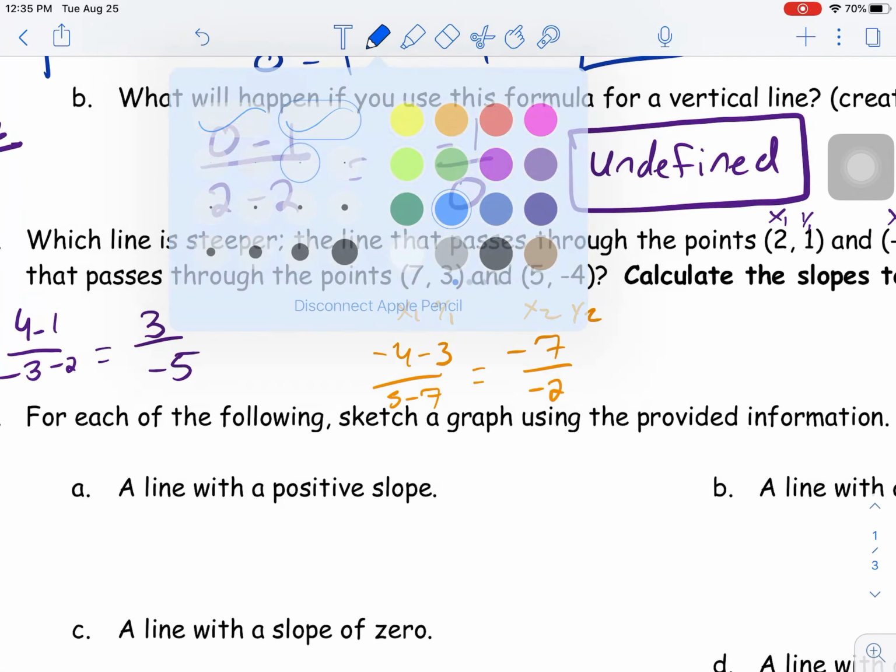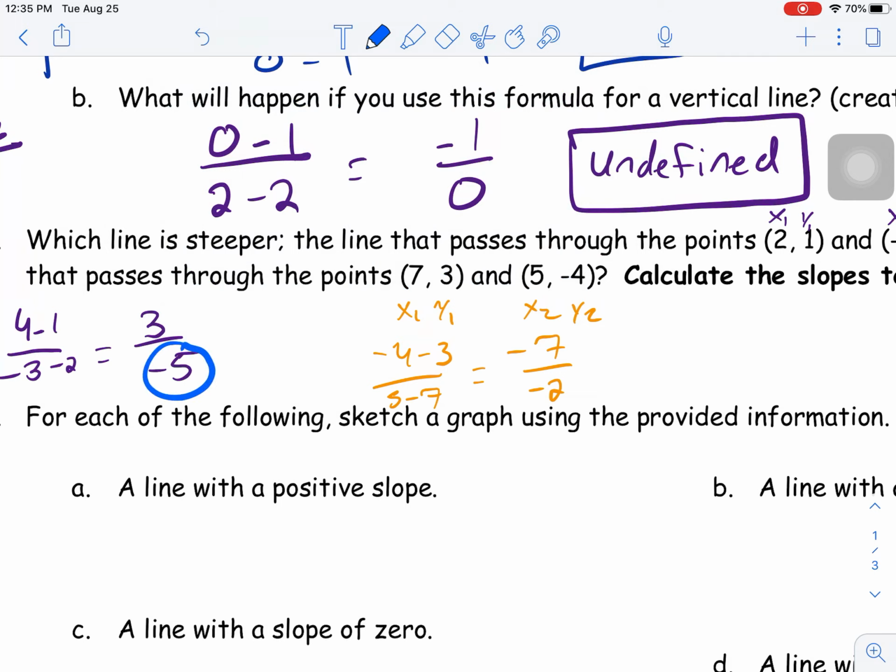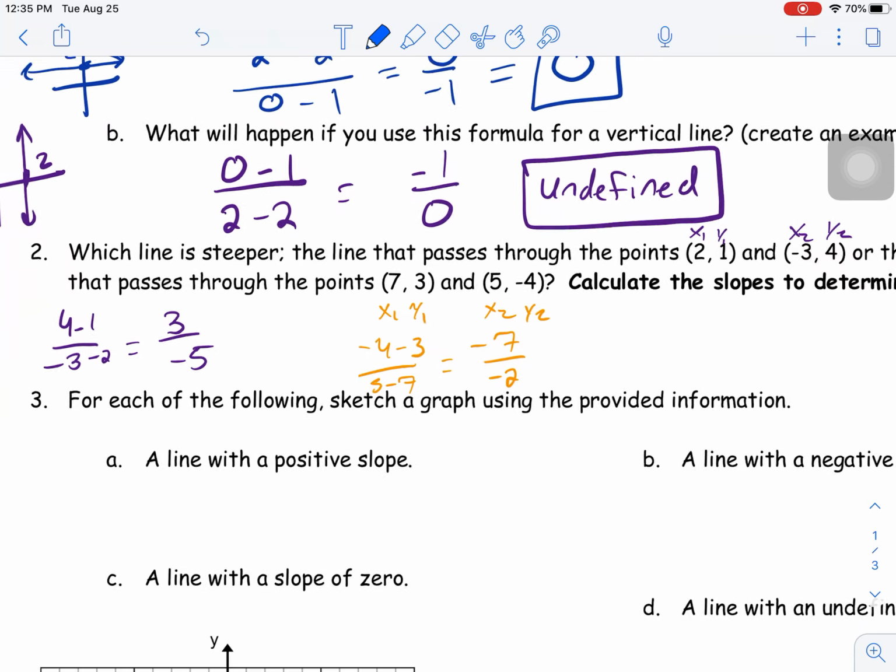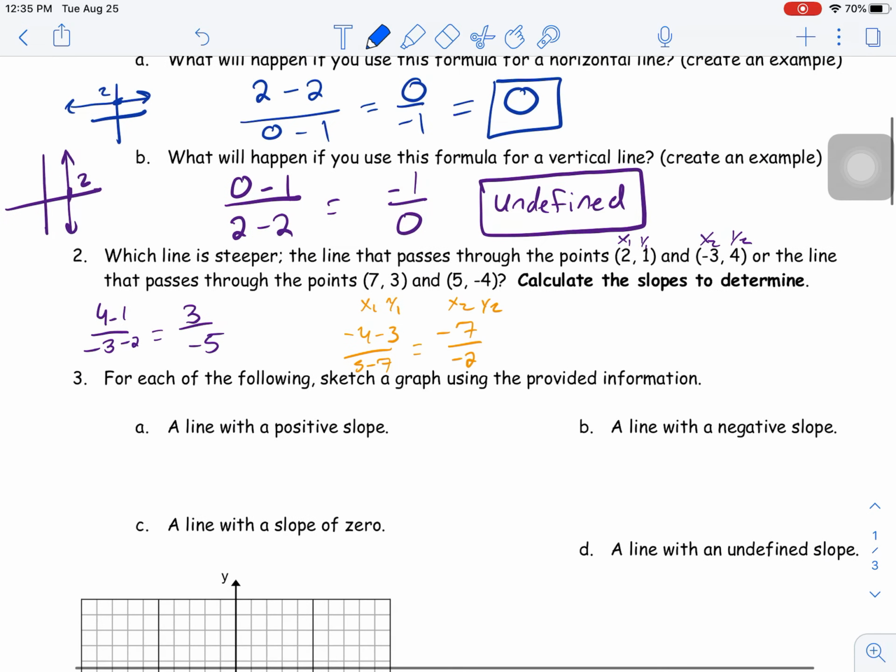And then we can also look and we can say, well, this one's run is 5, so that's a kind of long run. This one has a run of 2, so not nearly as long as 5. So overall, the slope that is going to be steeper would be this one over here that's actually positive 7 halves. Okay, and although this one is negative on the left, it doesn't mean it's going to be steeper or less steep. Okay.